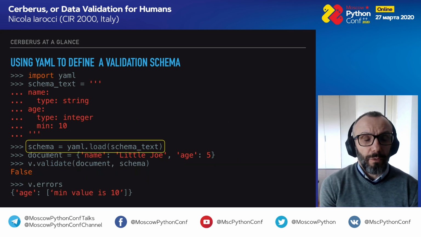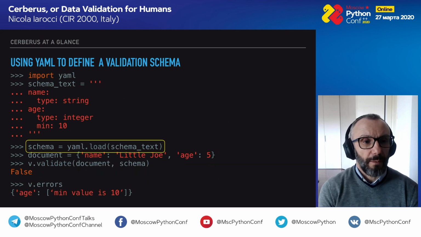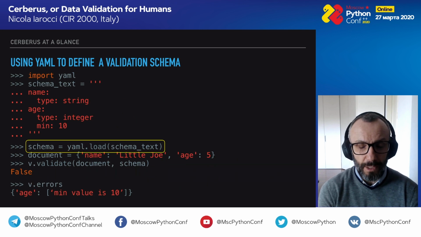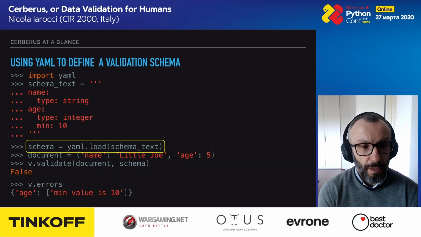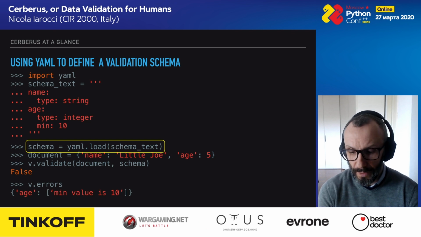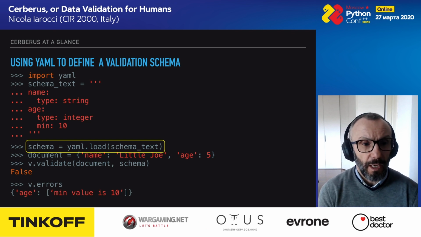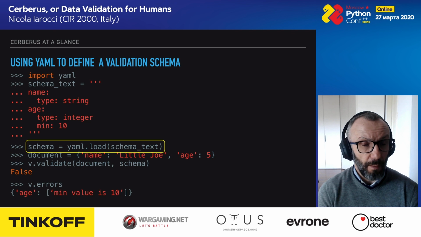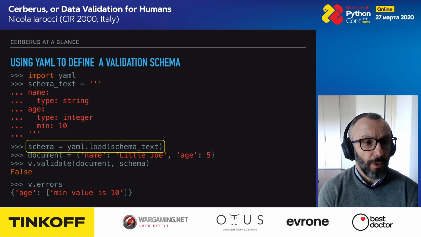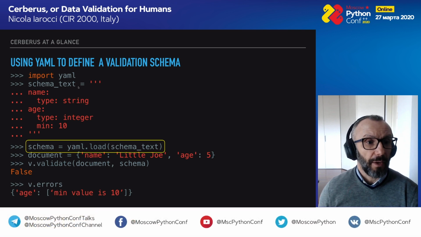Now, because we are in the beautiful world of Python, we can do some tricks, like, for example, you don't want to define your schemas with a dictionary. Maybe you want somebody who's not very proficient with Python to be able to define the schema for you. You can do that, for example, with YAML. Here we are defining a YAML.